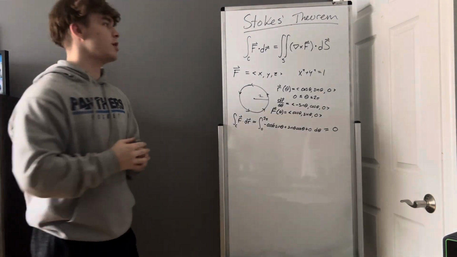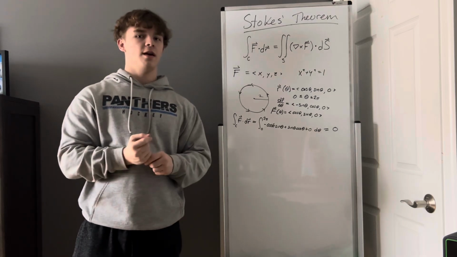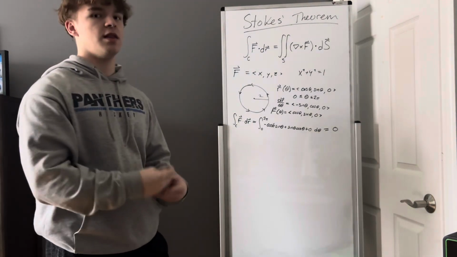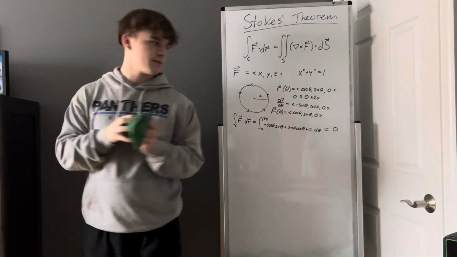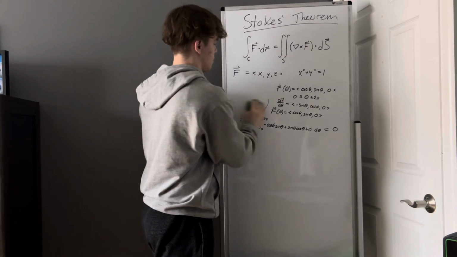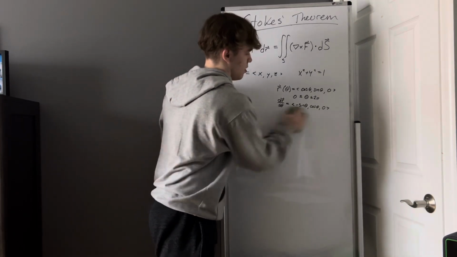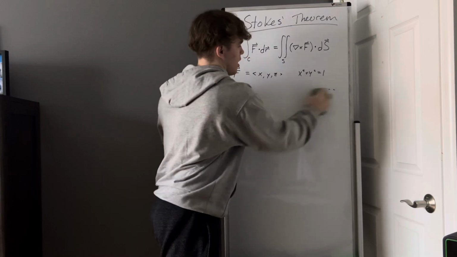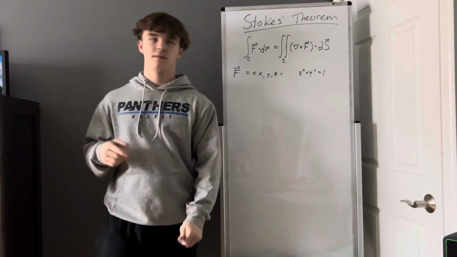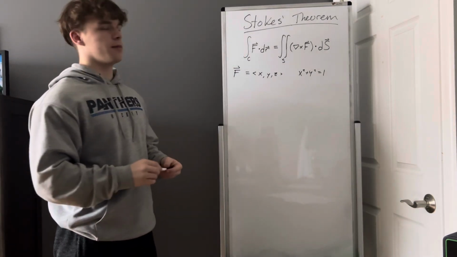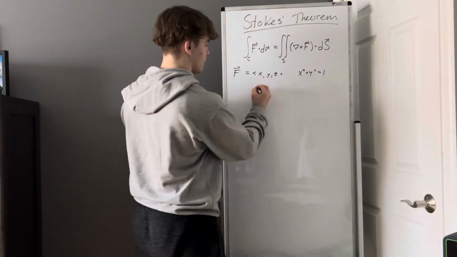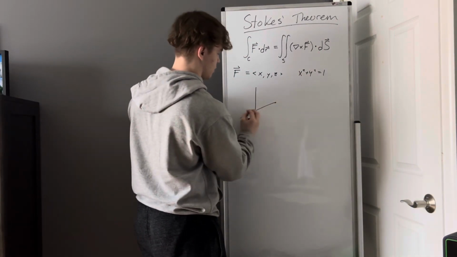Okay, so we know how to do it one way now. Now let's prove Stokes' theorem by performing this the exact opposite way. So we will keep this, and we'll say that this is also our curve. So what we can do is we can create a surface. First let's draw just like this.